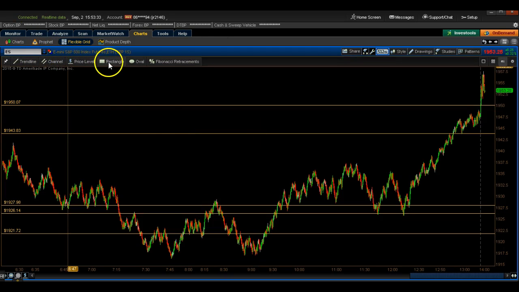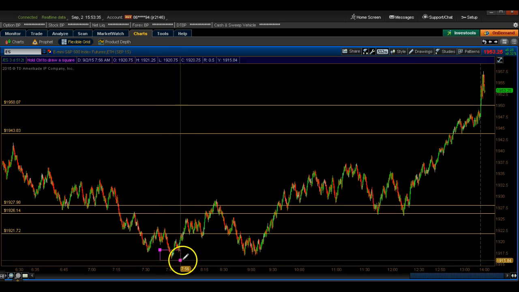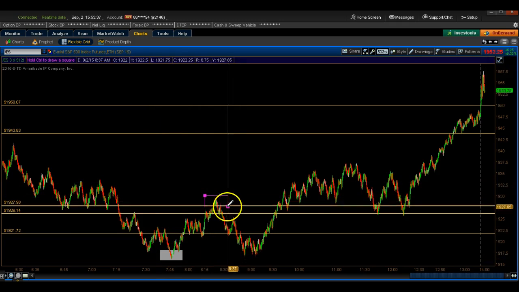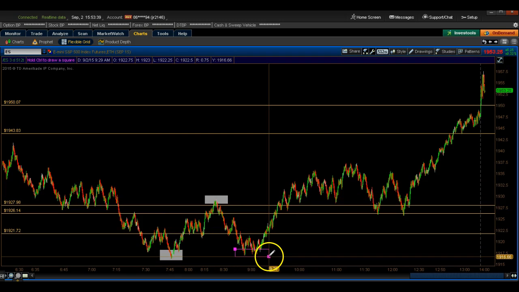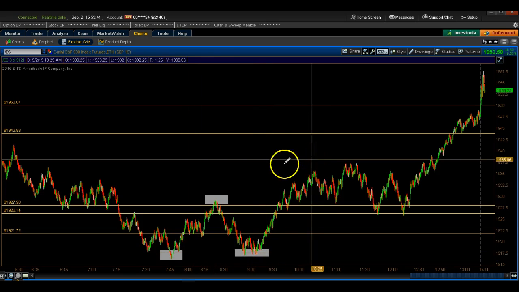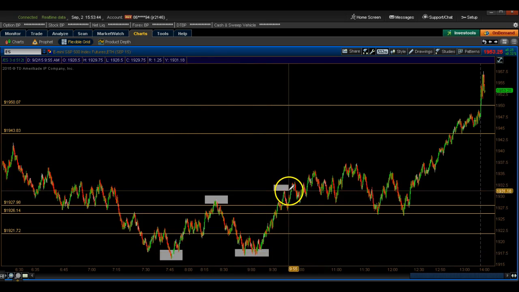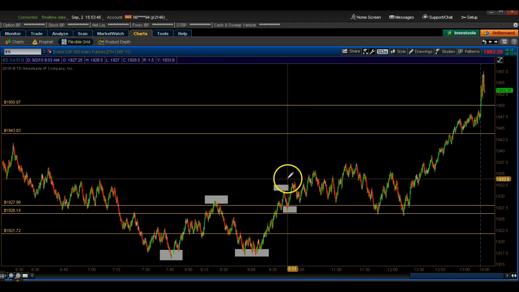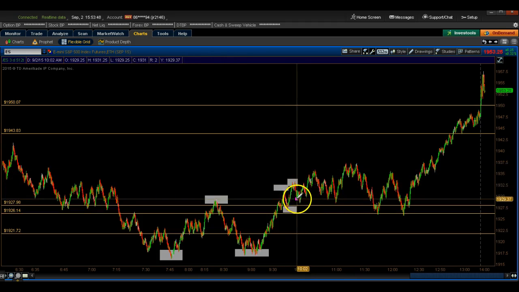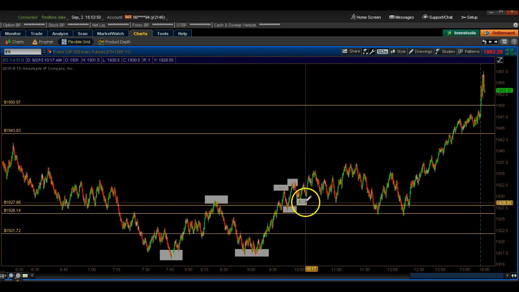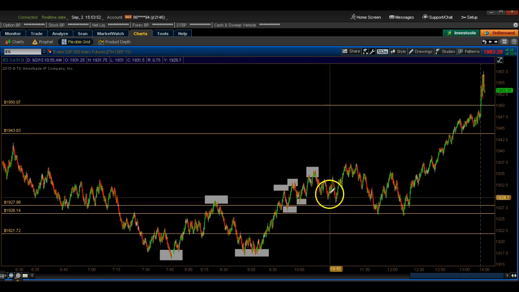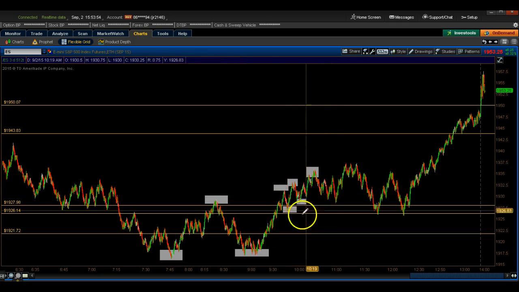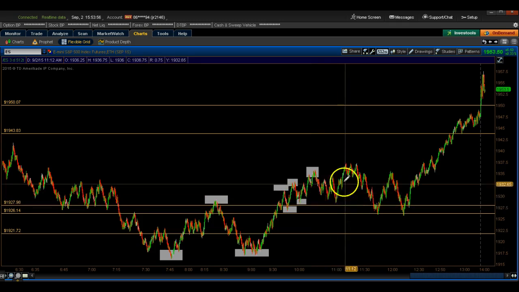But at the same time, you could see we made a low here, a high here, right? We just look at lows. We made a higher high, right? Higher low, higher high, higher low. Or sorry, higher high, higher low, and so on, right? And then you start to kind of go to the downtrend, okay?